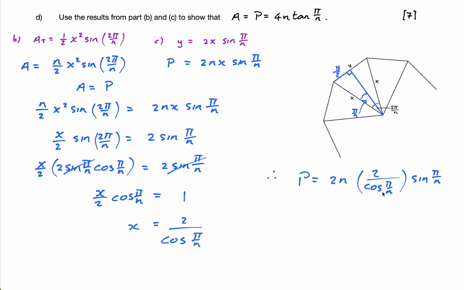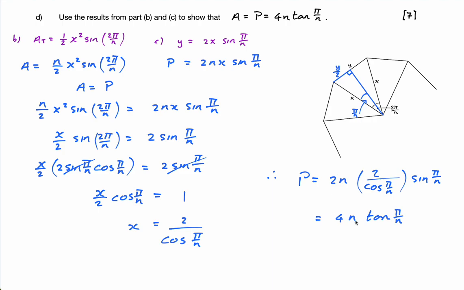Now remember what I said, guys, to bring in the cos will give me the tan, because look, this is tan. So this perimeter is equal to 2 times 2 is 4n, and sine pi over n over cos pi over n is tan pi over n, which is what I want.